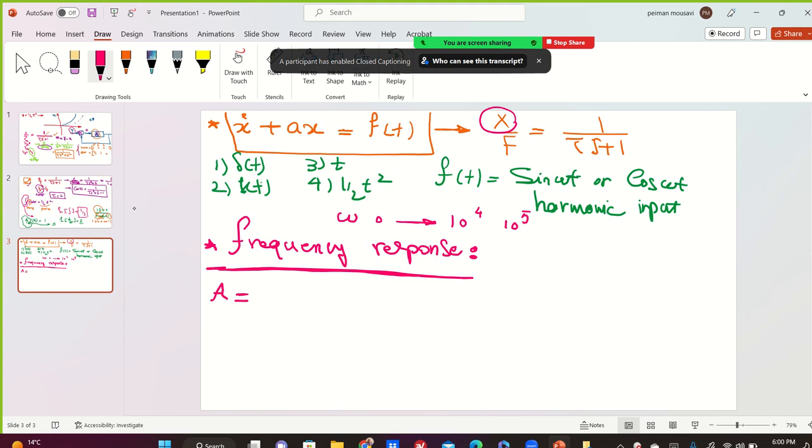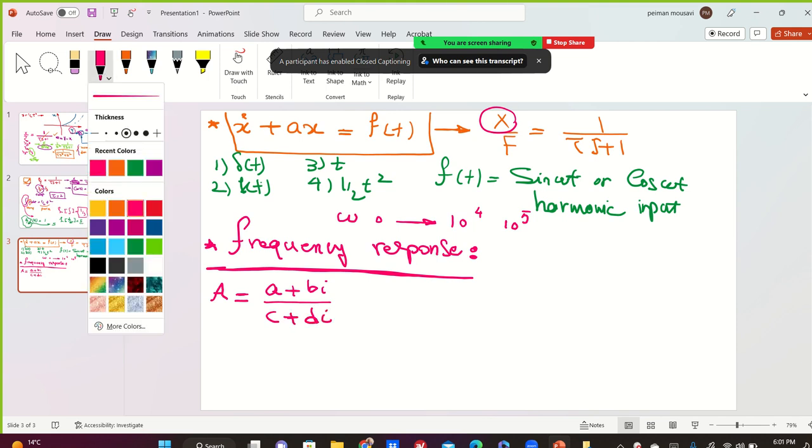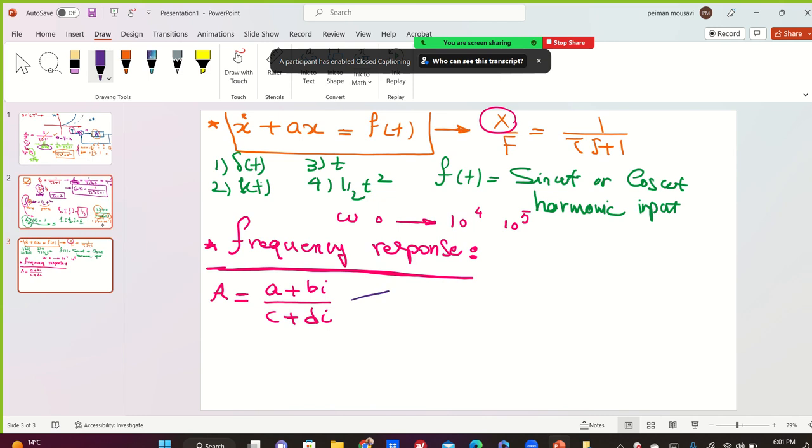If you have this complex number, a plus bi over c plus di, this complex number has 2 values. One of them is amplitude. Another is the phase angle.